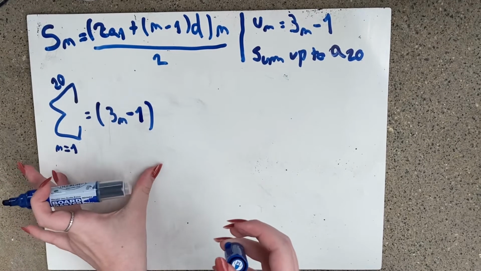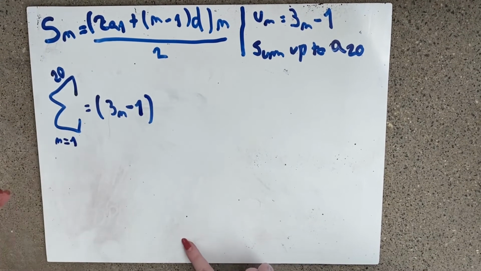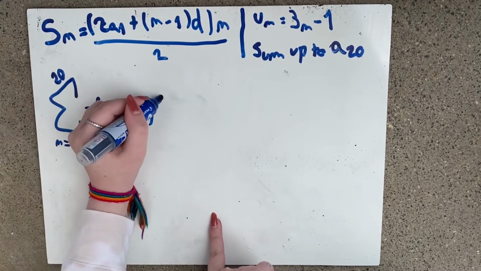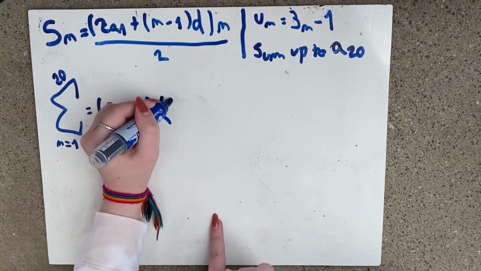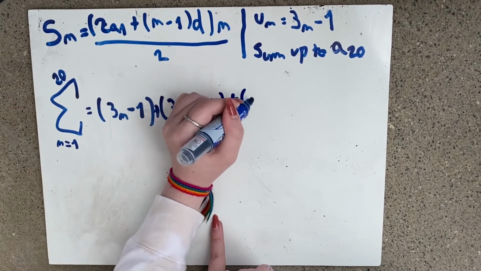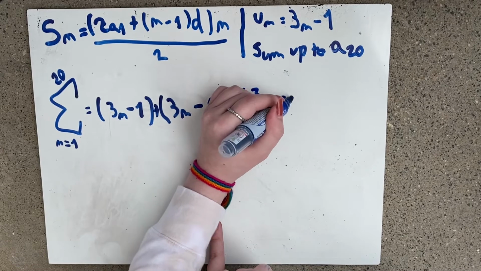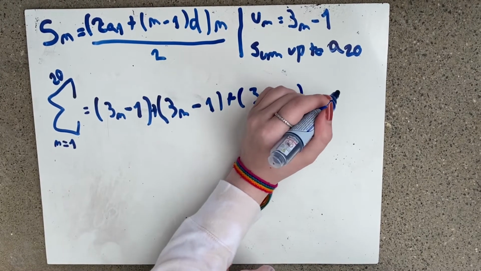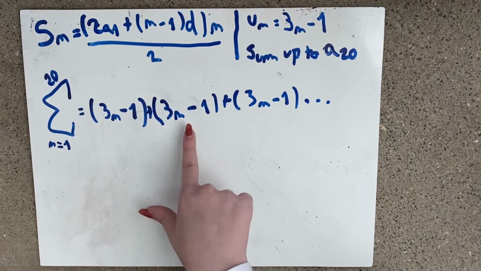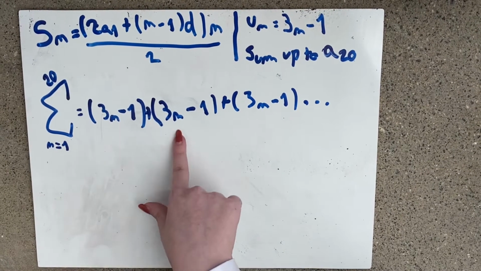So what does this mean? If you want to find the sequence for what this is, you're just going to have to write out how many terms you put here. So plus 3n minus 1 plus 3n minus 1 up to 20, right? And then in every n, you're going to substitute 1, 2, 3.